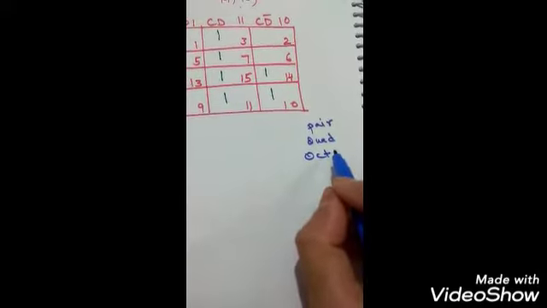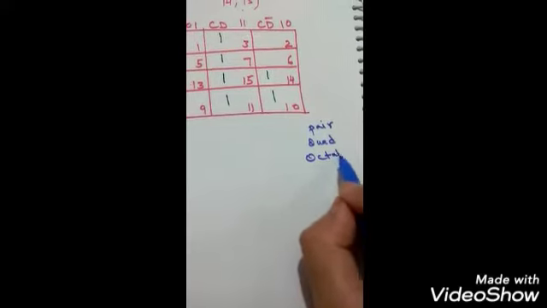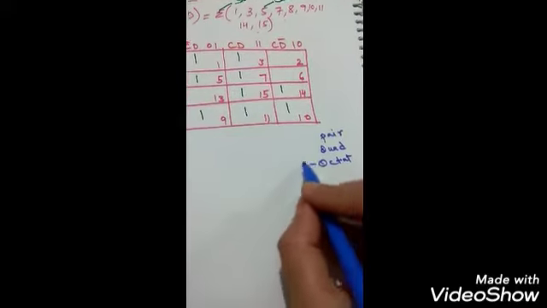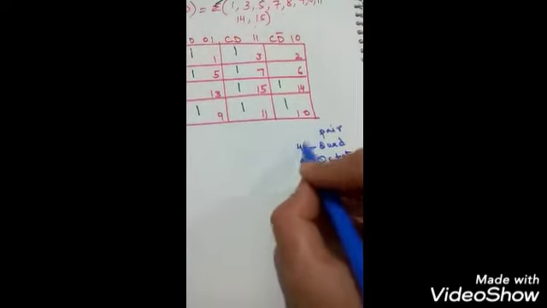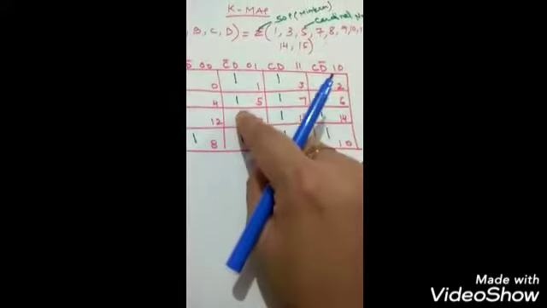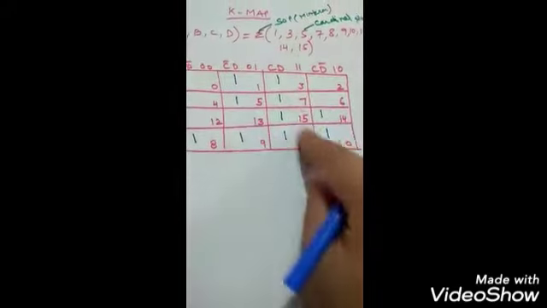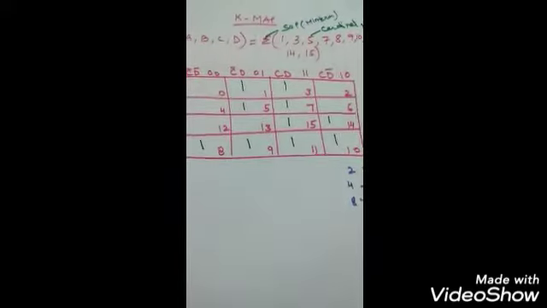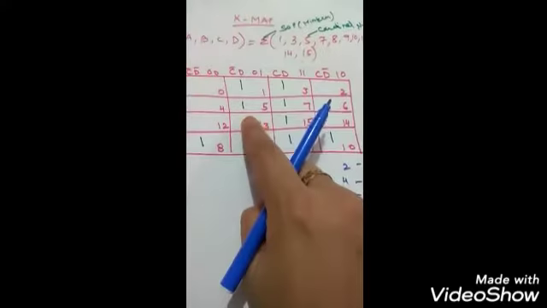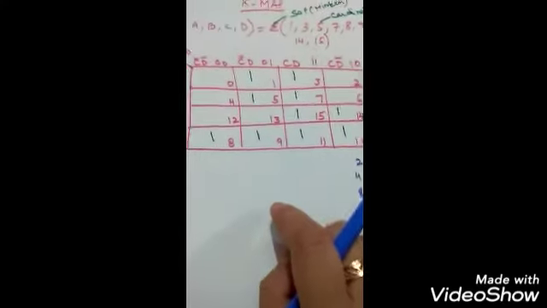An octet is of 8 ones, a quad is of 4 and a pair is of 2. If suppose there were a 1 over here also, then an octet would be formed. But since a 1 is not present over here, we cannot create the octet.